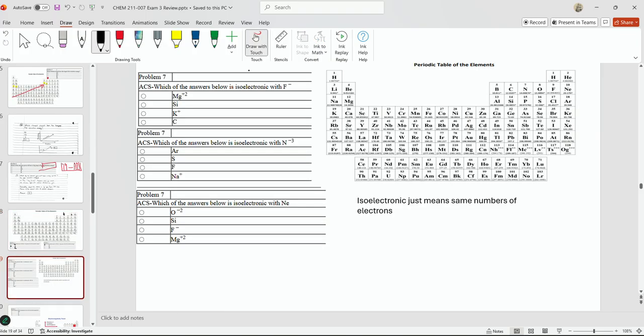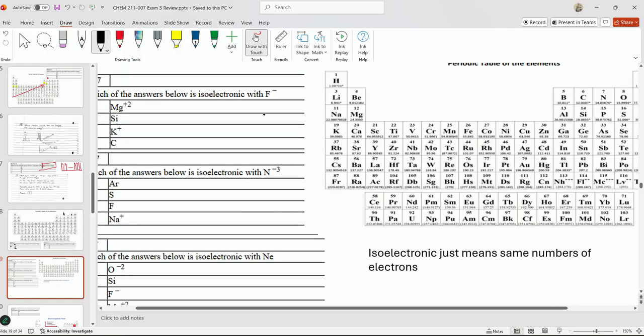Okay, this is one of the questions from the ACS exam. I'm not sure it's going to be on the exam or not, but I was going to cover every single one of the questions anyway because it's kind of easy. Isoelectronic just means which two elements have the same number of electrons.